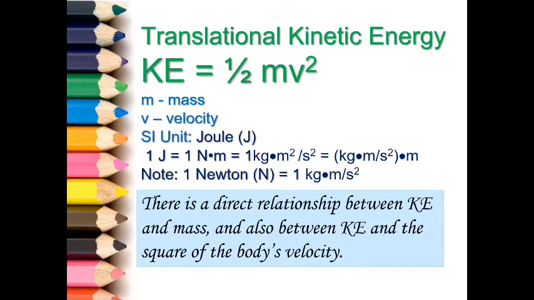Take note, 1 newton is equal to 1 kilogram meter per second squared. There is a direct relationship between kinetic energy and mass, and also between kinetic energy and the square of the body's velocity.